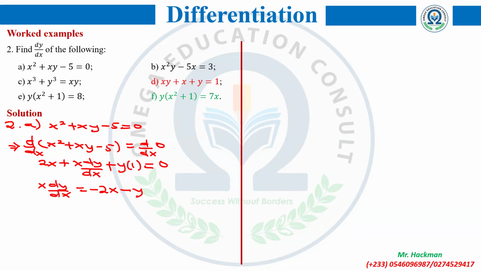So at this point, we are going to write it again before dividing by what? Our x, because the dy dx must stand alone. That's what we are asked to find. So at that point, I can say that my dy dx will be equal to this one over x, this one over x. So I'm going to get minus 2x minus y all over x.